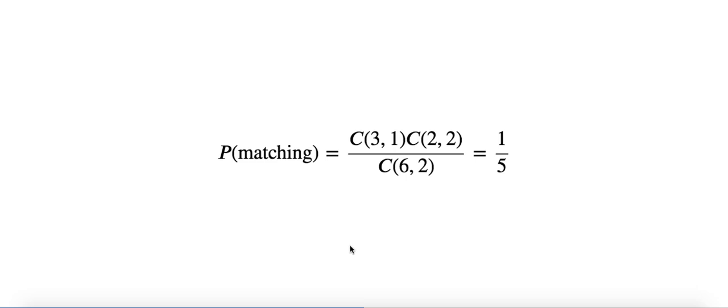By taking the ratio of those combinations, we reach the result.